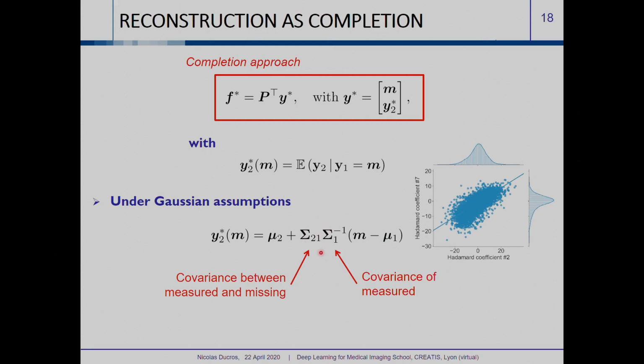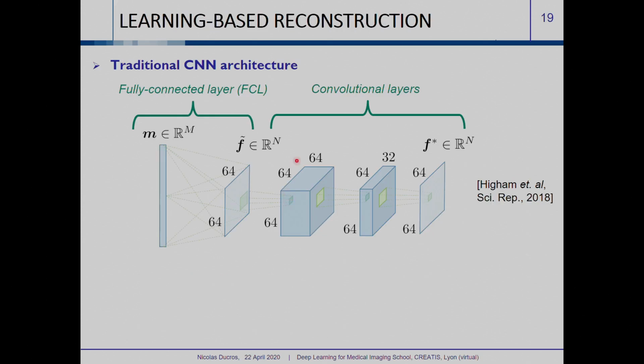We multiply by the covariance between the measured and missing coefficient, and we add the mean of the missing coefficients. If the Gaussian assumptions are not met, then this is still the best linear solution in this sense.